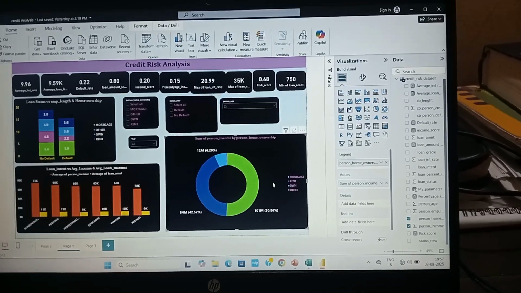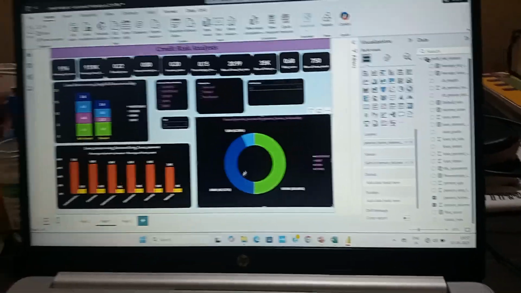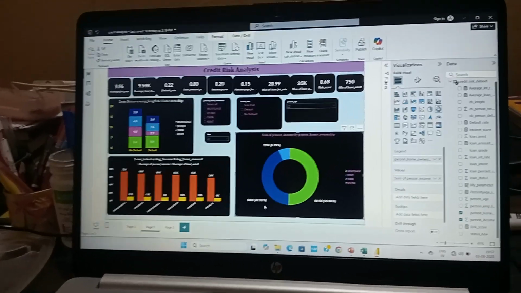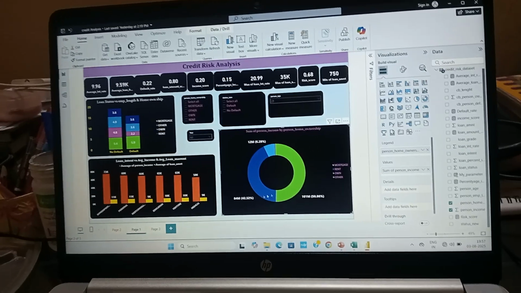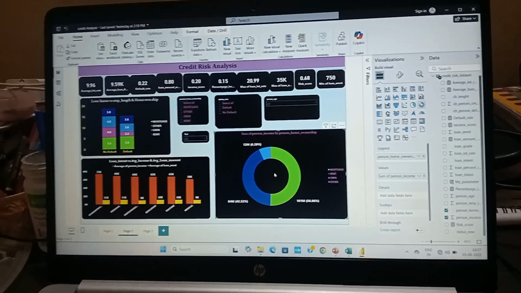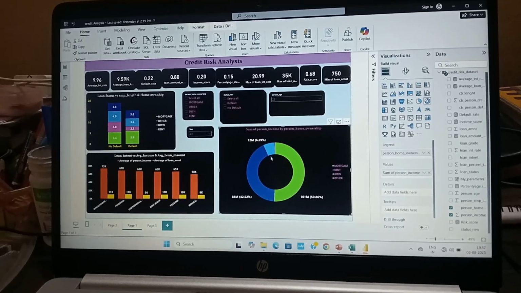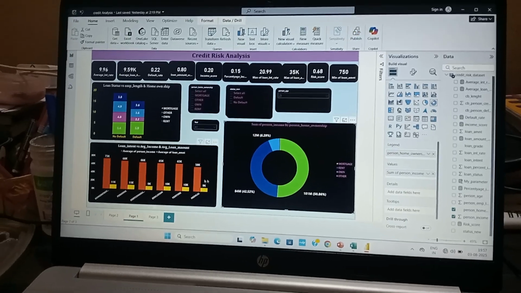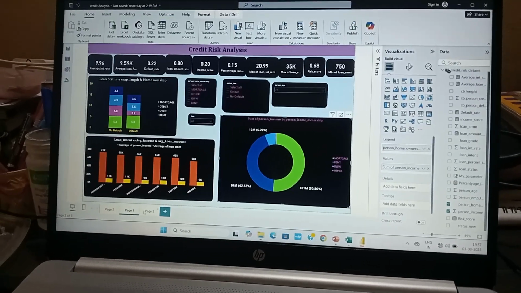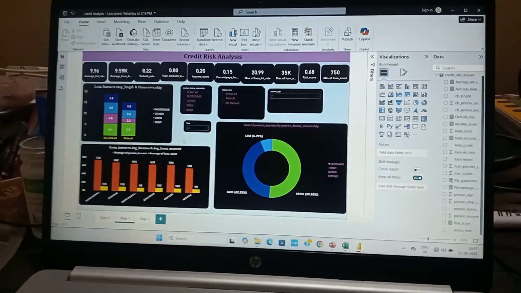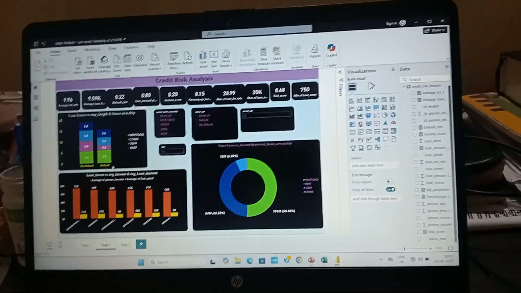We can also see that most of the people are from rent: 42.52% of people came from rent. Only a small share, 6.29%, have their own house. So when we give a loan to anyone, we need to focus on that.